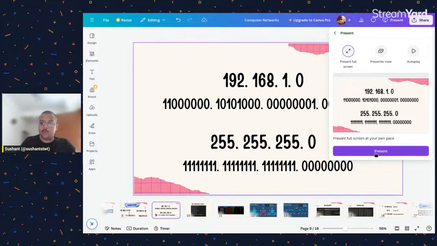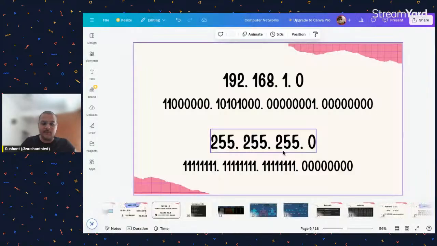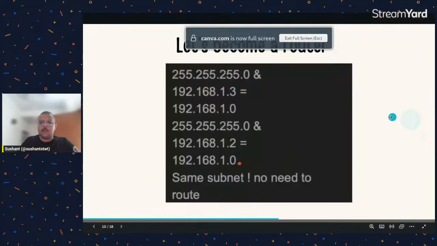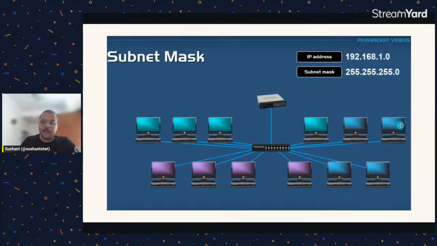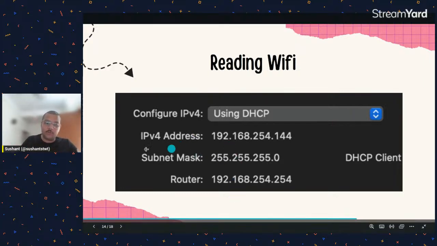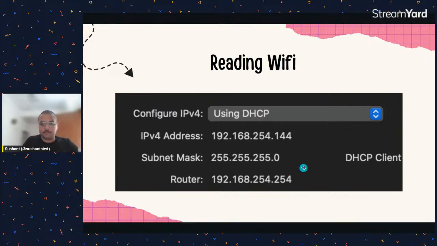So we can go ahead and now basically, one second. Now we can actually start reading our Wi-Fi. If you have ever connected to some public Wi-Fi and tried to see on your phone things like the IPv4 address, a subnet mask, and a router, I think now you can generally understand what is happening.